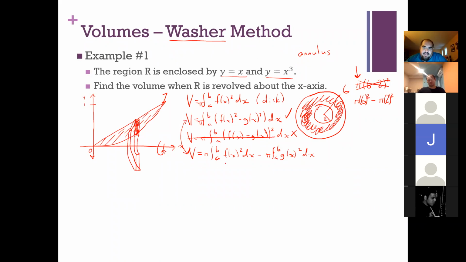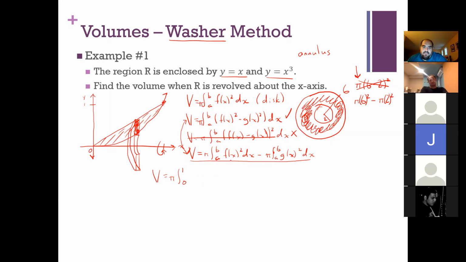For this example, let's, at least at the beginning, set it up from here. So for this volume, first of all, what are our limits of integration going to be? Zero to one. All right, so just like with the area between curves, I need to figure out what my outer function is and what my inner function is.